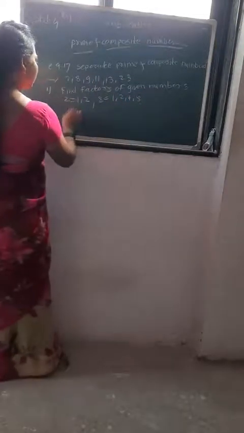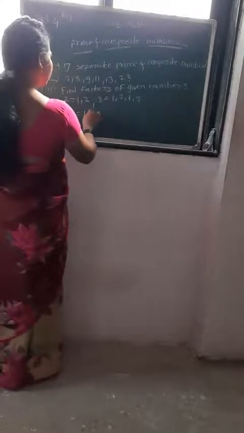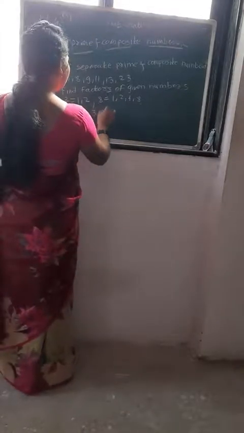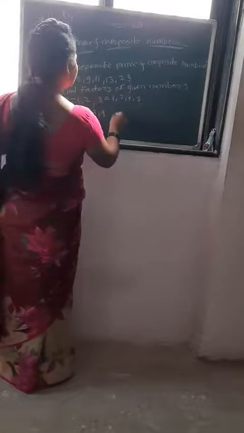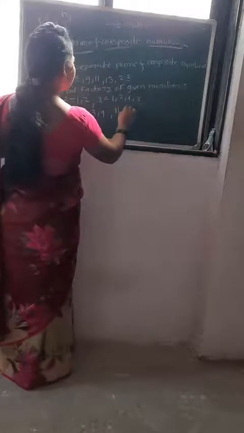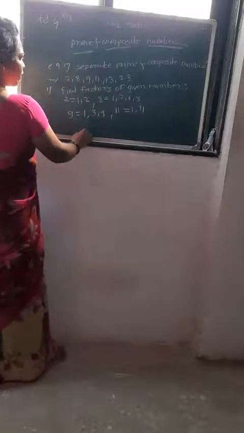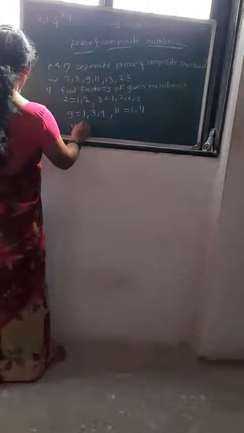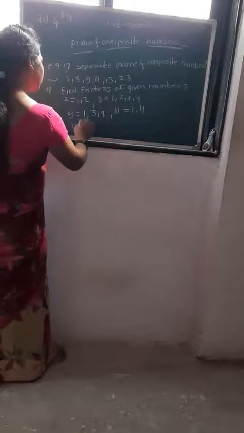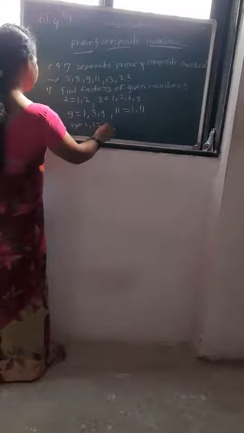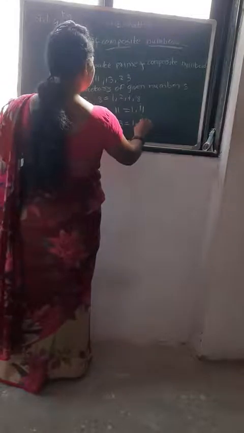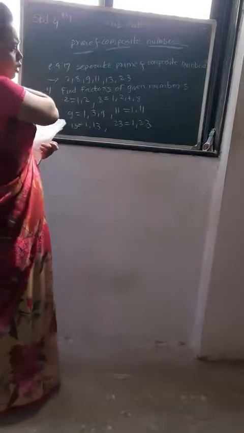Next 9. Factors of 9 are 1, 3, 9. Next one is 11. Factors of 11 are 1 and 11. Next 13. Factors of 13 are 1 and 13. Next 23. Factors of 23 are 1 and 23. We have to find factors of all numbers.